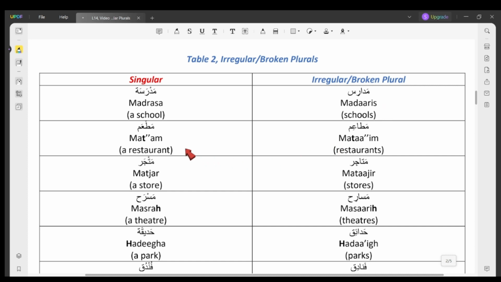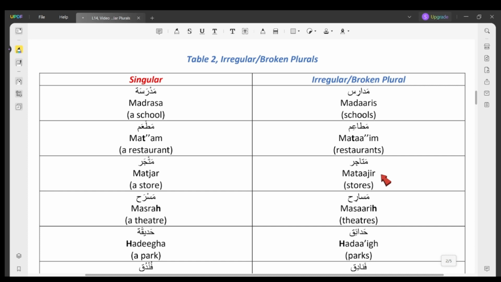Now let's look at the second word, mat'am. Mat'am, meaning a restaurant. And on the right side, mata'im, meaning restaurants. Next, matjar. Matjar, meaning a store.